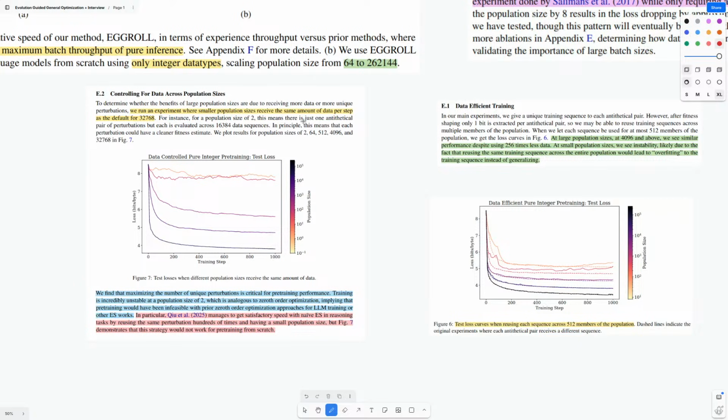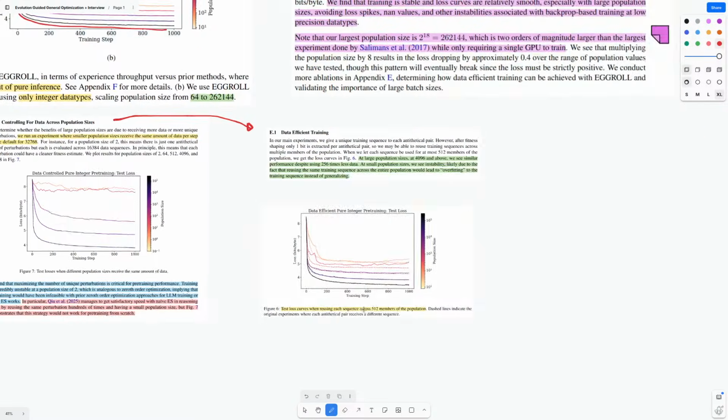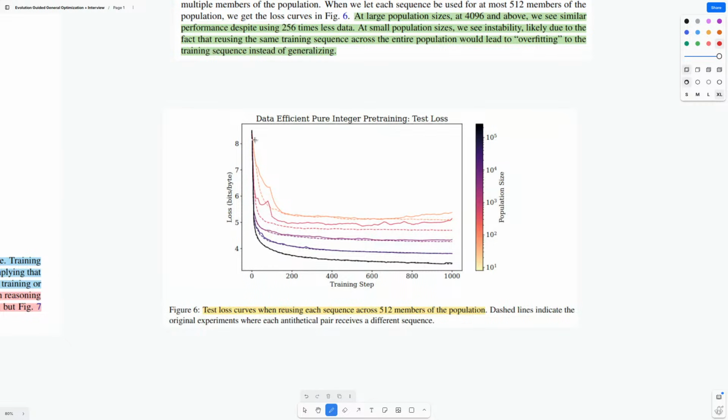And they checked with the amount of data that the different populations were having, right? When it's balanced over there, you see that you still need a higher population: the higher the population, the better the performance.